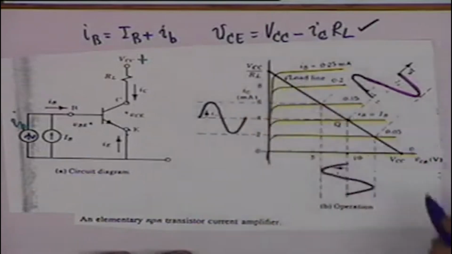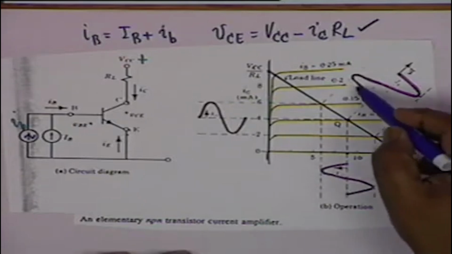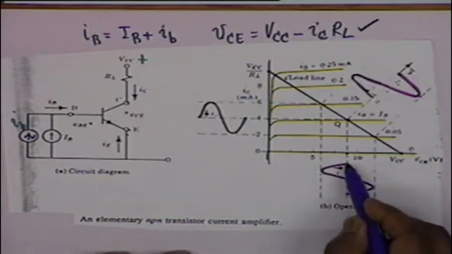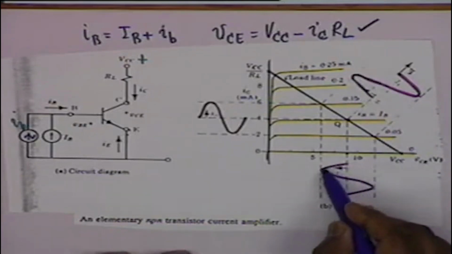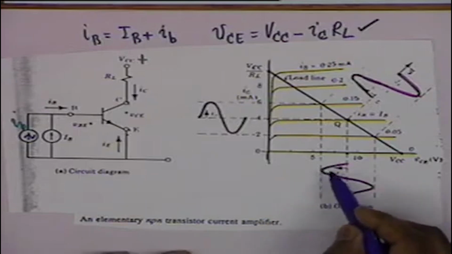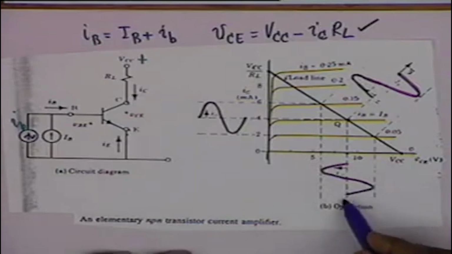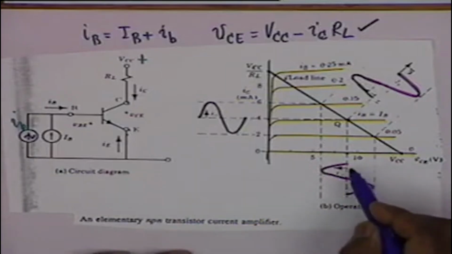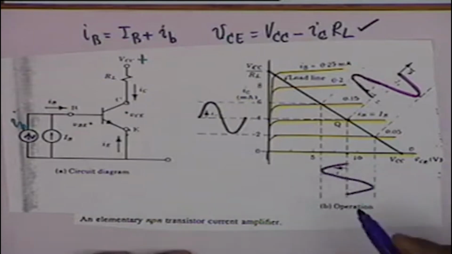Is that clear? It is also shown here that when the base current increases, the collector to emitter voltage decreases. When the base current decreases, the collector to emitter voltage increases. So there is a corresponding variation in VCE, but in opposite phase.